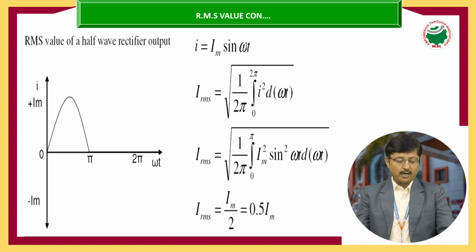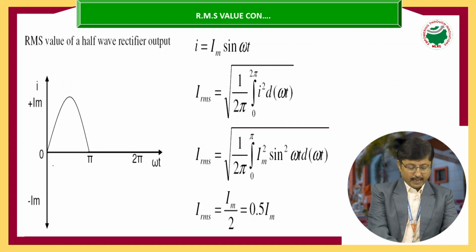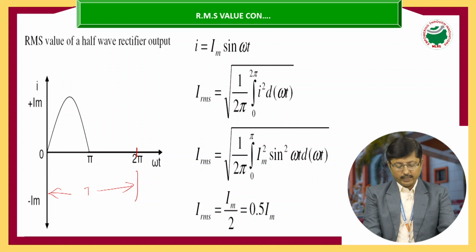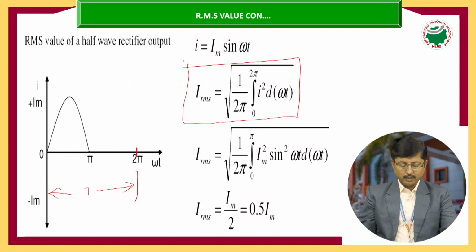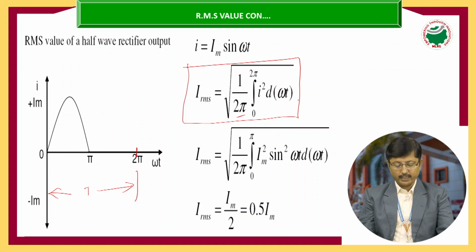Coming to the RMS value of half wave rectifier type inputs. You can observe here that the time period is a total of 2 pi radians. So I_RMS equals 1 by T, where T is 2 pi here, integral 0 to 2 pi of I squared into d omega t.